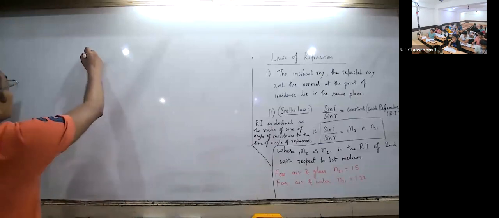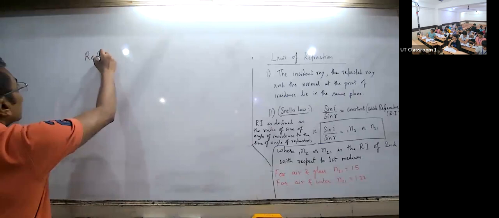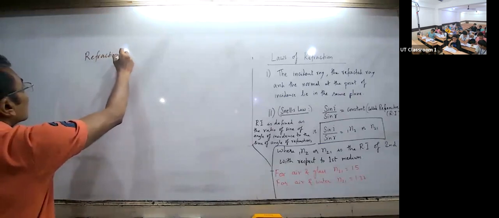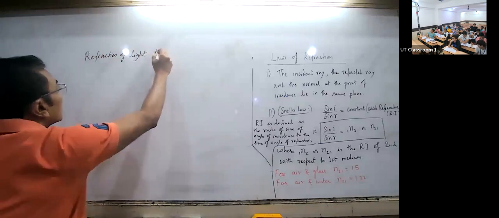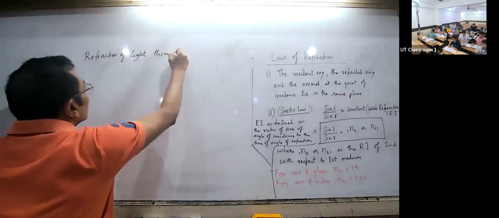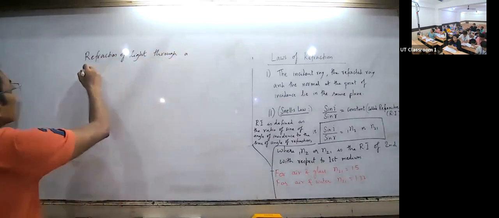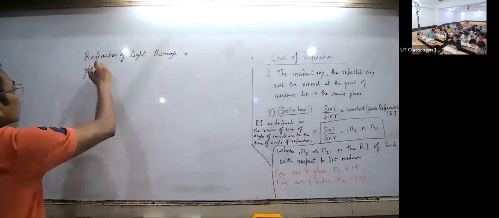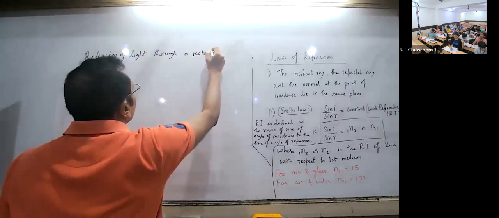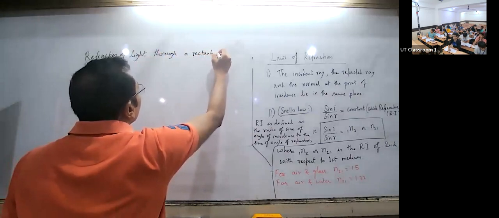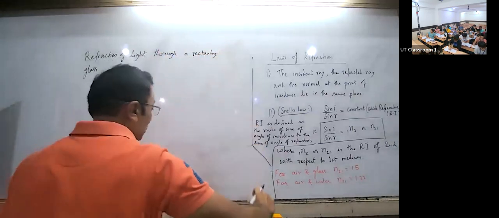Refraction of light. Glass slab. That's a rectangle. Rectangular.